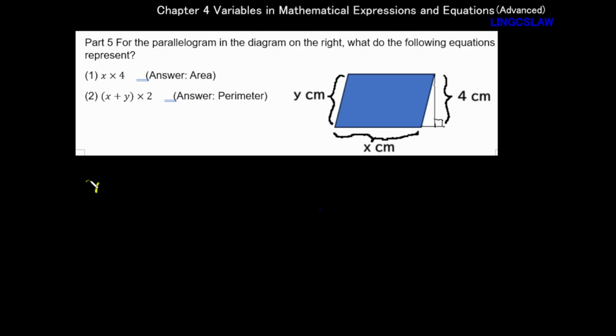So number 1, the area of the parallelogram. And number 2, (x plus y) times 2 is 2x plus 2y.